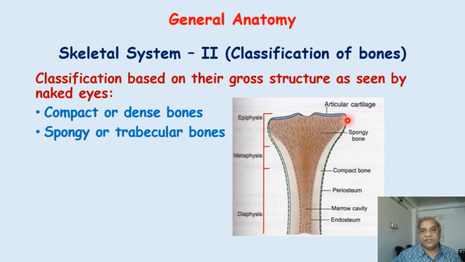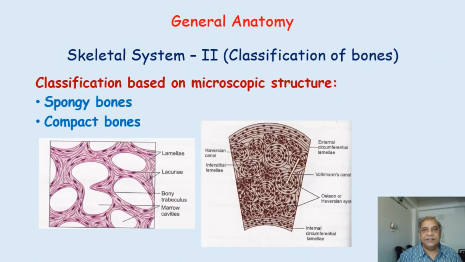So first I will tell you the structure of the spongy bone as seen under the microscope, and then I will cover the structure of the compact bone as seen under the microscope. So I am moving to the next slide. Now, this shows the classification based on microscopic structure. If you see the spongy bone under the microscope, as I said in the last slide, it is formed by the interanastomosis of the rods and plates, okay?